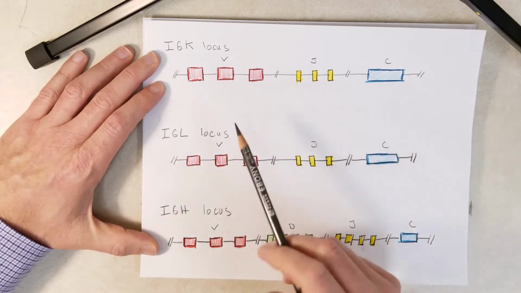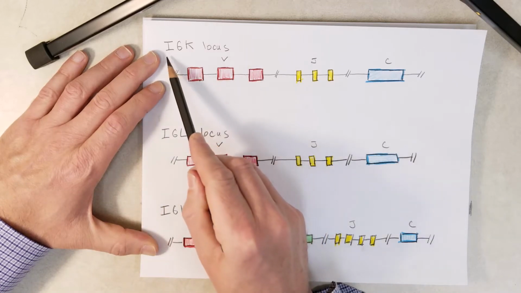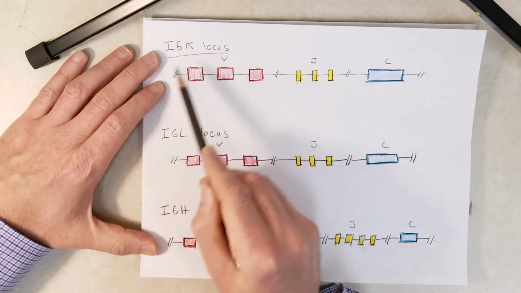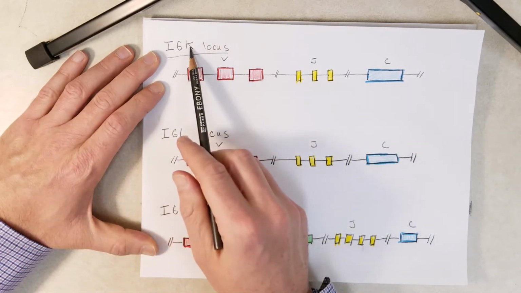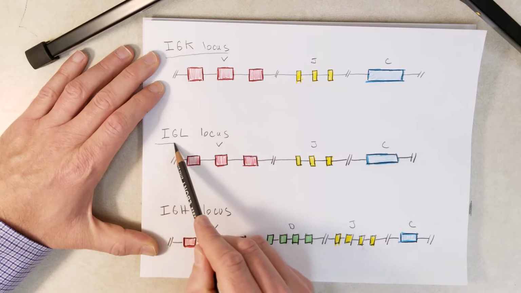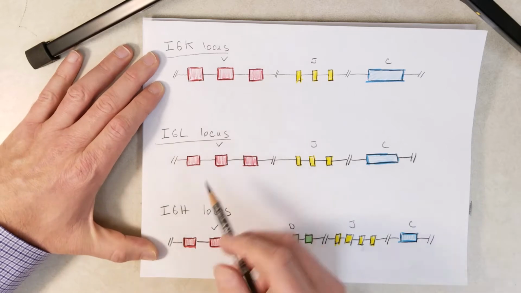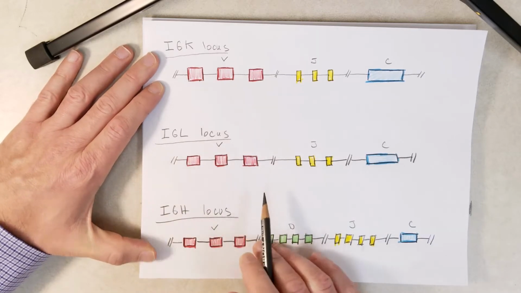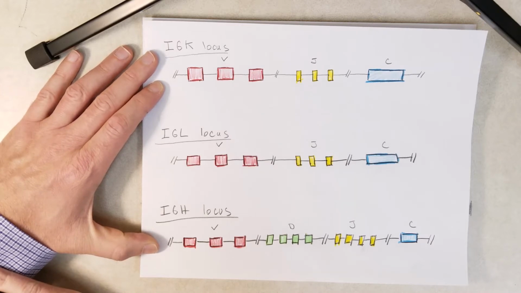And we spent a lot of time talking about these loci in the previous video. So we have the IgK locus here. We have 2, right? We're diploid organisms. So we have the IgK locus and the IgL locus, and these are in charge of encoding the light chains for antibodies. And the IgH locus is in charge of encoding the heavy chain for antibodies.